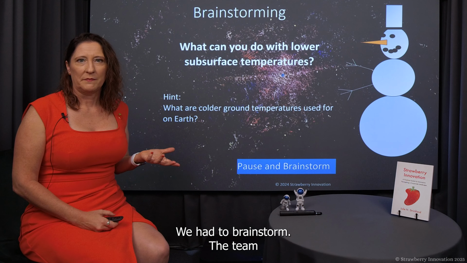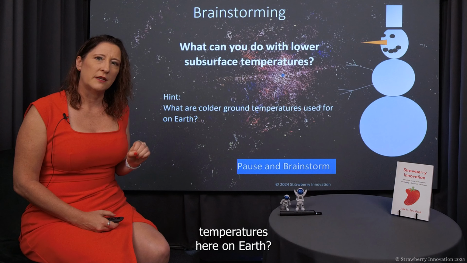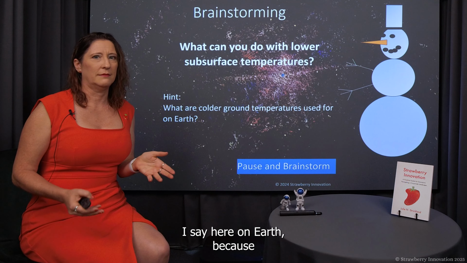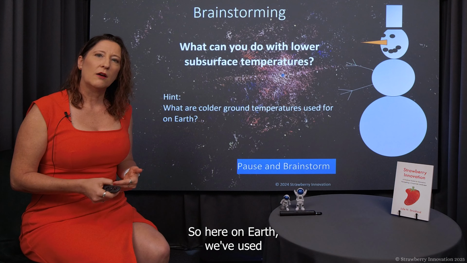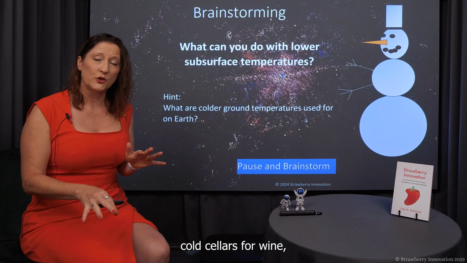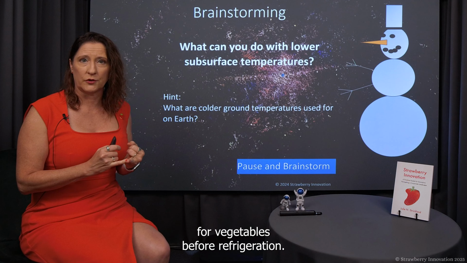We had to brainstorm. The team and I asked ourselves, well, what do you do with lower subsurface temperatures here on Earth? I say here on Earth because that's where I've been. I haven't been to the moon yet. So here on Earth, we've used cold cellars for wine, for vegetables before refrigeration.